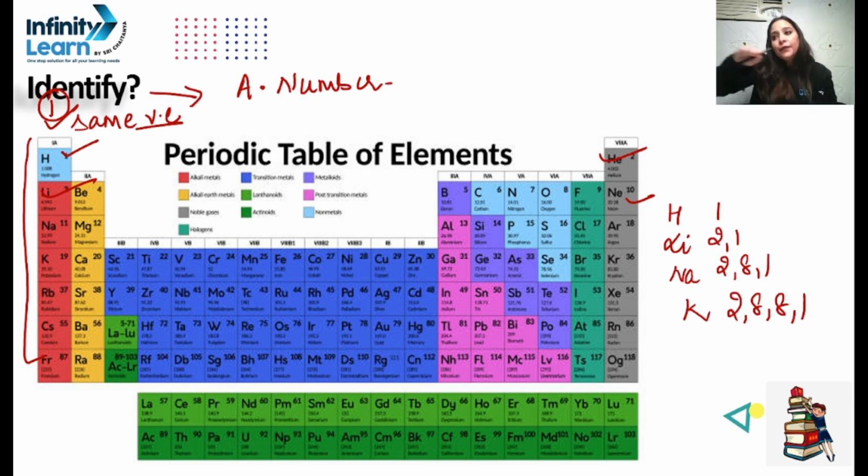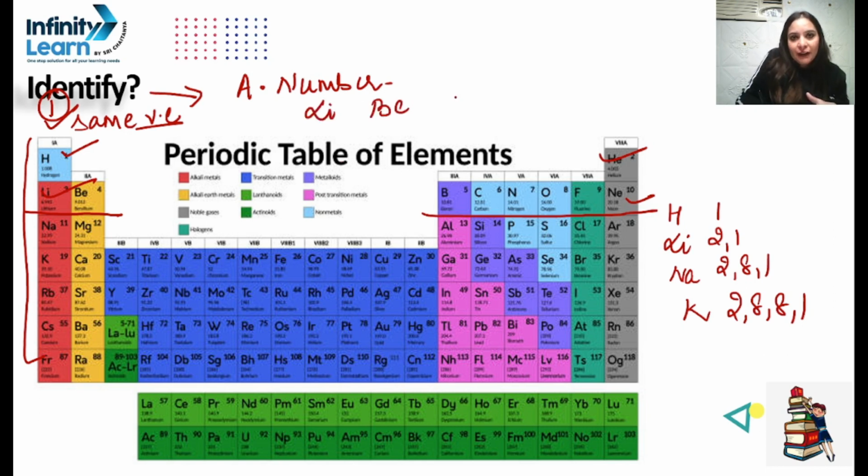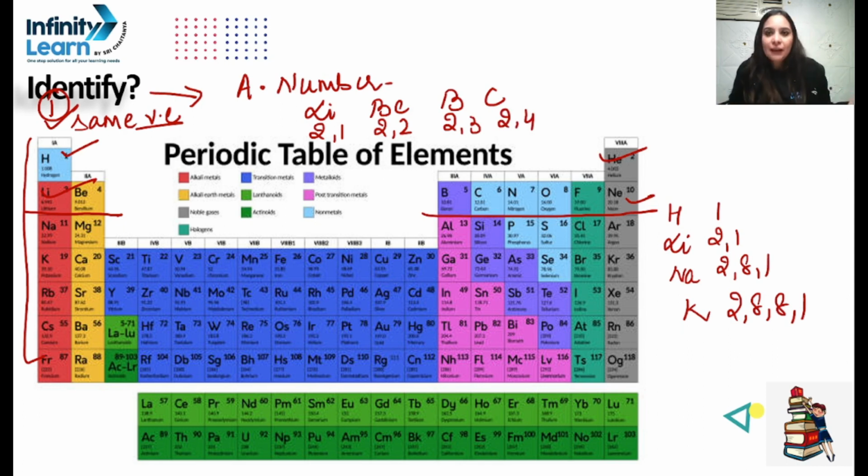Same way, if we move in a horizontal row, let me take the second horizontal row, that is the second period. Let me write the names of the elements first. If I write the configuration, you will see that all of them have the same shell. Like all the second period elements have L as the valence shell, so all of them have 2 shells, right?